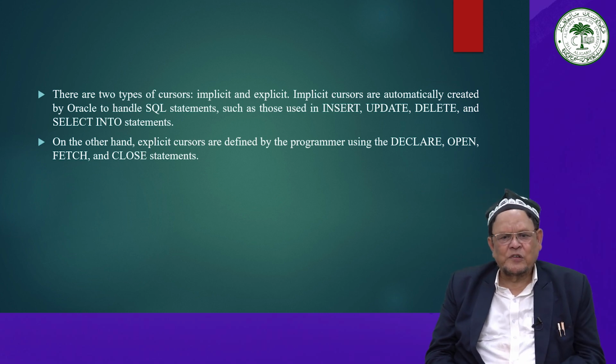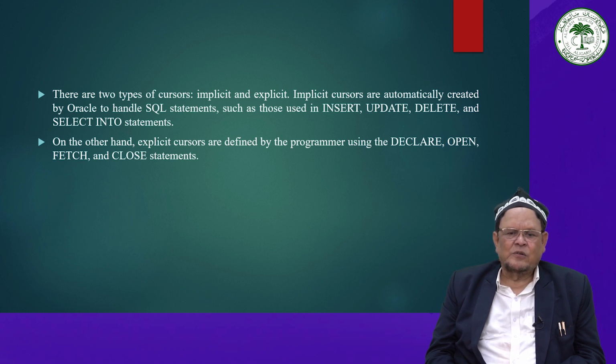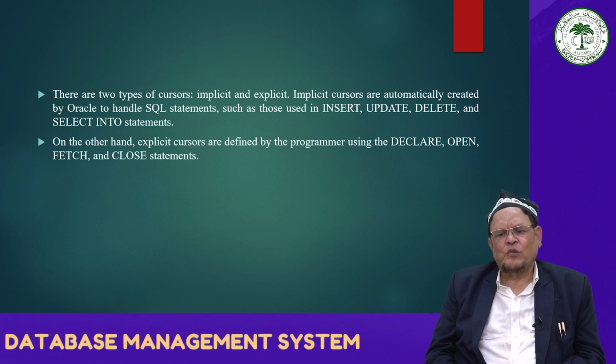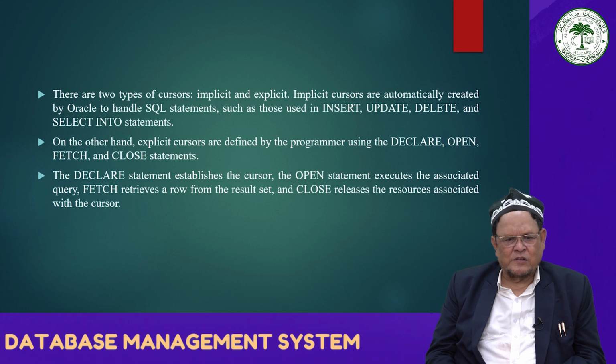There are two types, implicit and explicit. Implicit is used for insert, deletion, updation, or select into statements, and explicit can be used to declare, open, fetch. We will discuss them one by one next.